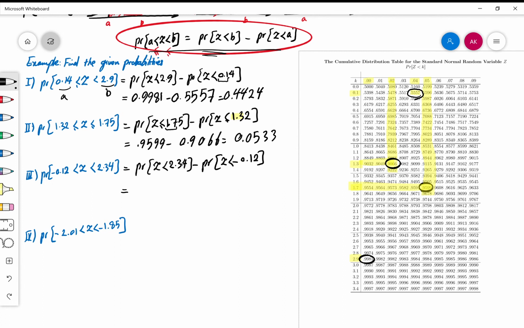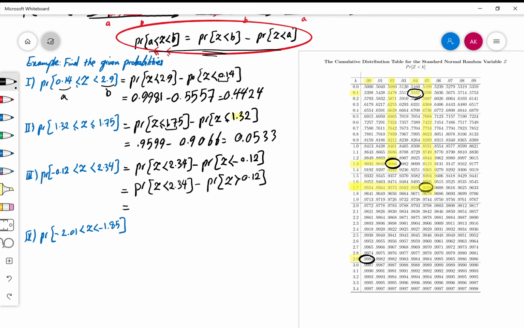But how about this one? This is Z less than a negative number. I can always turn that to a positive number by symmetry. Here, you remember symmetry, that the probability of Z less than a negative number is the same thing as Z bigger than the positive form of that number.